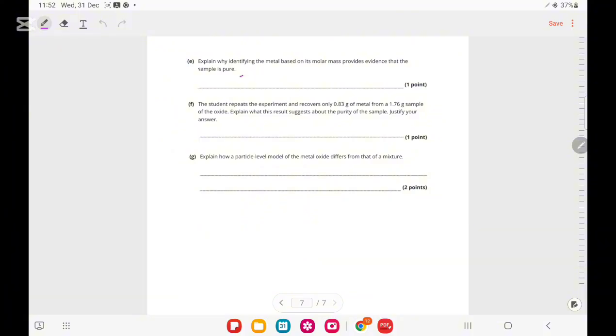So if the atomic mass of the metal matches the expected molar mass, then that compound contains only that metal.